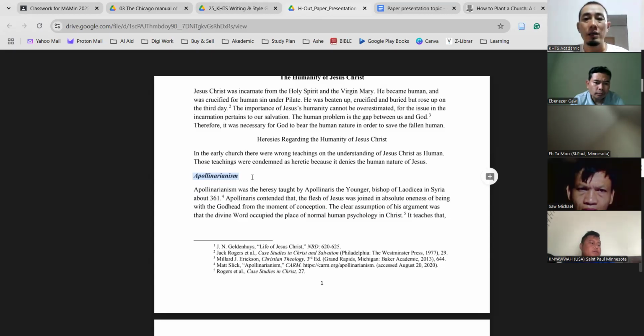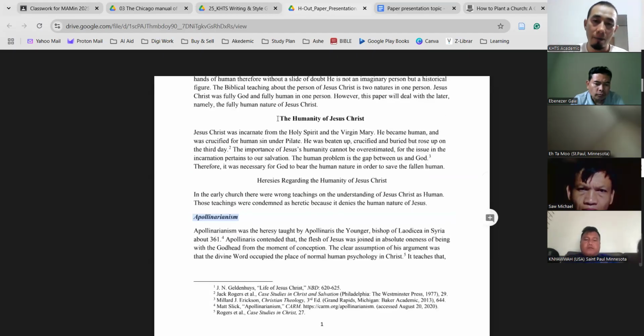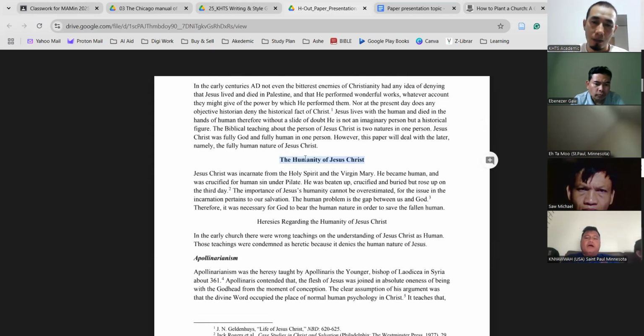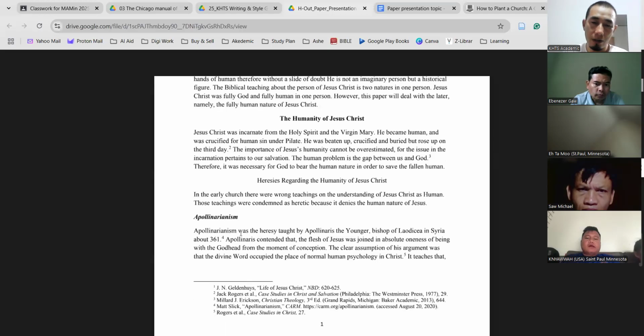Level of heading means under a certain topic, you split it into smaller sections or smaller subheads to support the arguments of the bigger picture. Simple as that. Then there is first level, second level, third level heading.